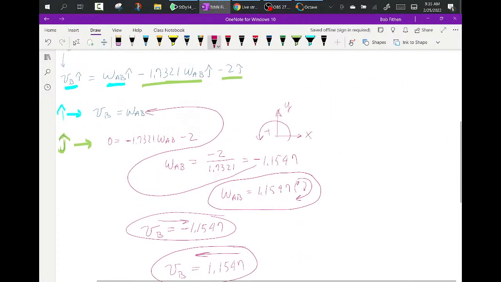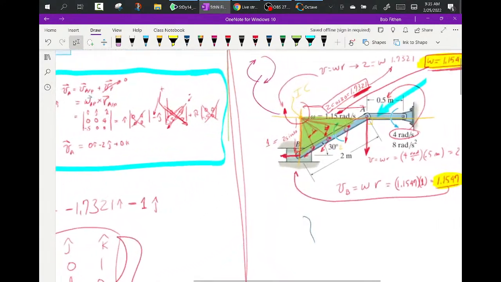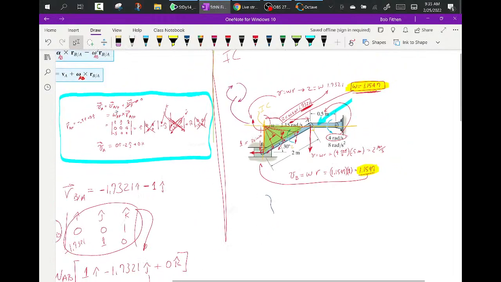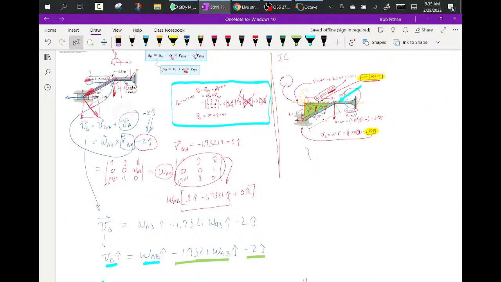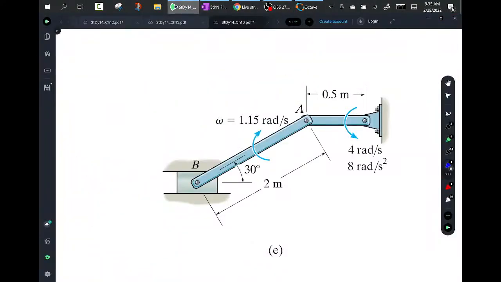Now, did we get that here? Yes, we got that here. Now, all this is a moot point because the problem he gave, he expected you to start from here and work your way through the accelerations. Why?